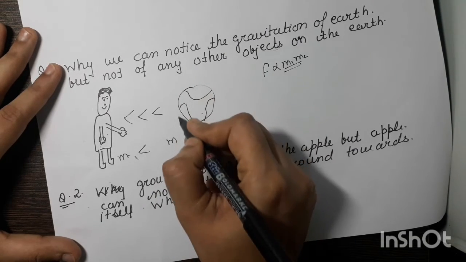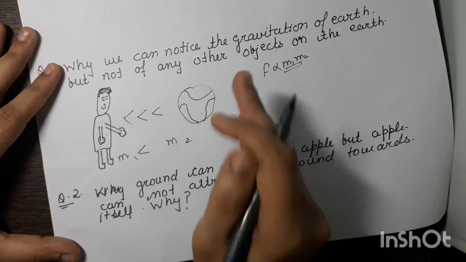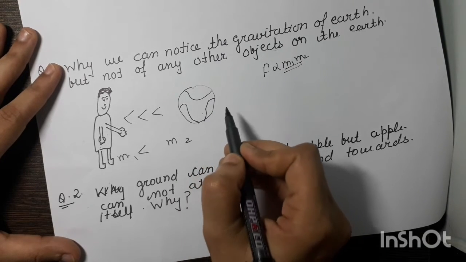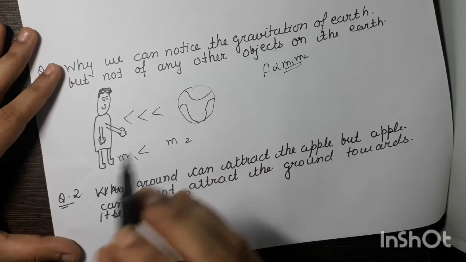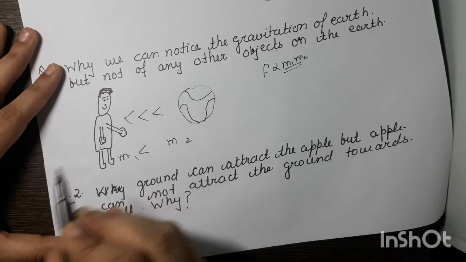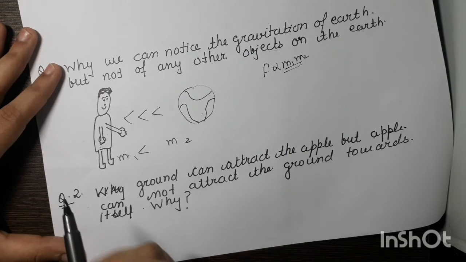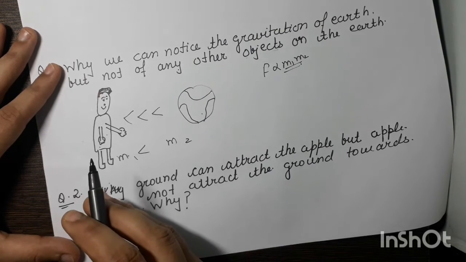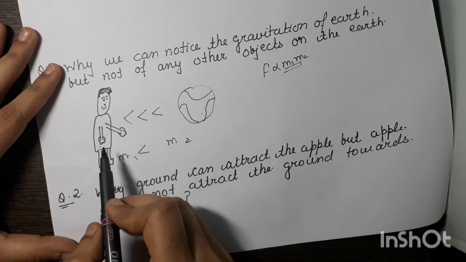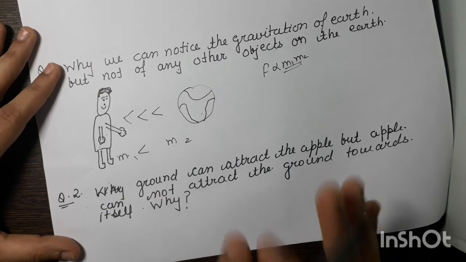So the force of gravitation of this earth is so large that it can be noticed because its mass is very large as compared to the masses of other things or other persons, which also follow this rule, but we cannot notice the attraction, we cannot notice the force exerted by these things.